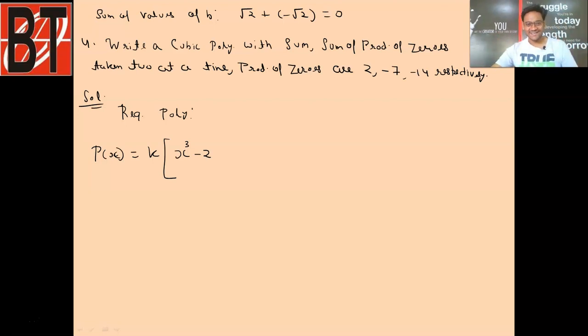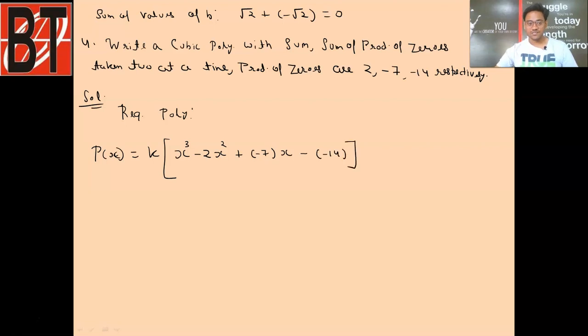See, it's x cube minus 2x square, then plus the sum of product of zeros taken two at a time, which is given to us as -7, so it's -7x. Then the minus sign comes, then it is the product of zeros, which is given to us as -14.